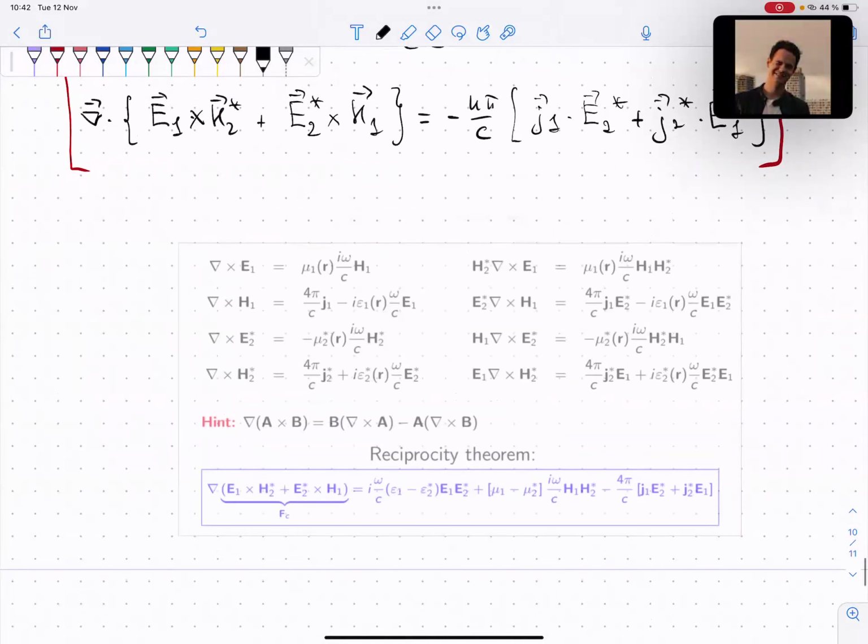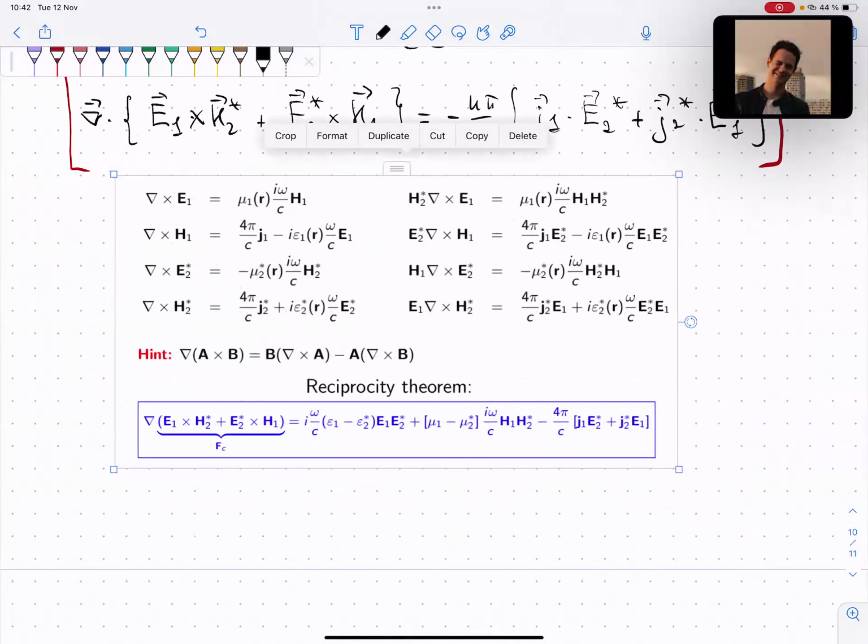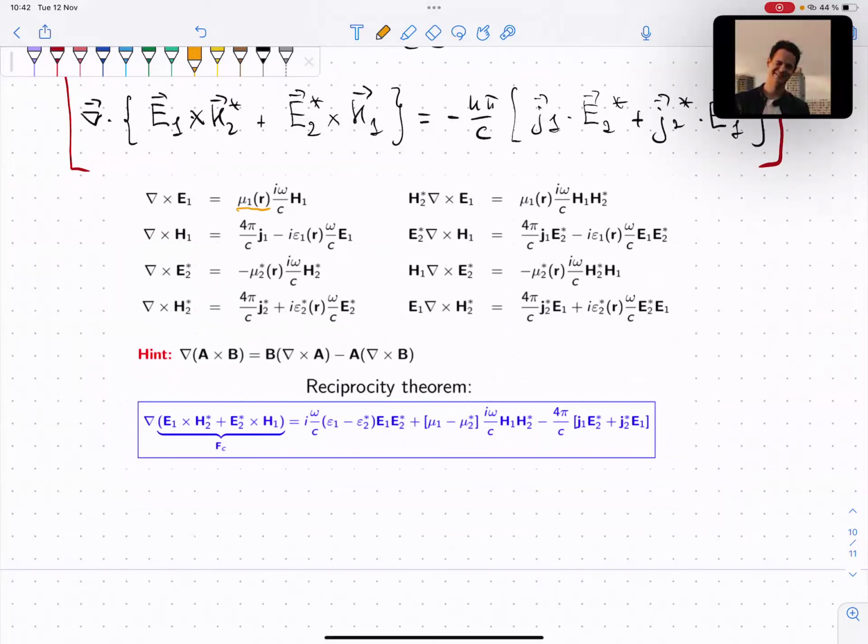Here you can see that he has mu1 and epsilon1, mu2 and epsilon2. This is what's called a conjugated form of the reciprocity theorem, because you have conjugated fields here.